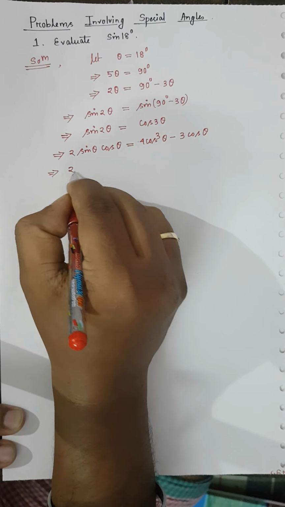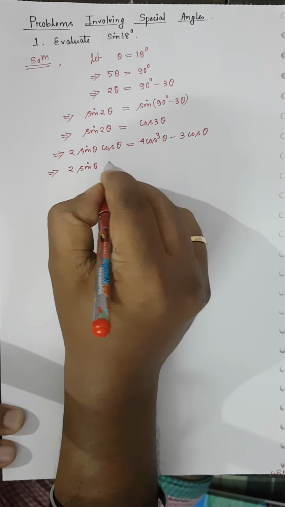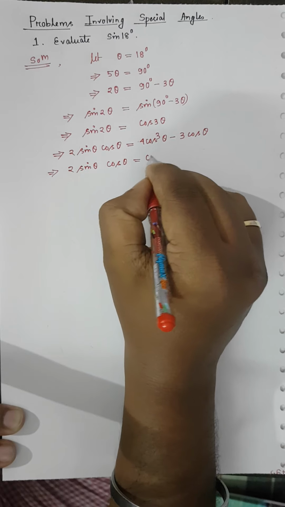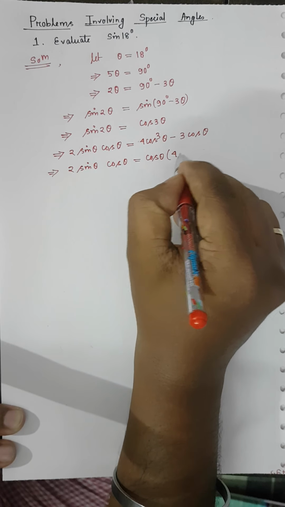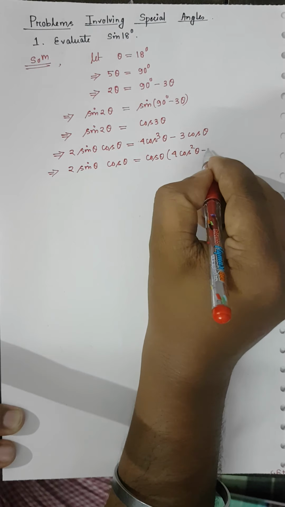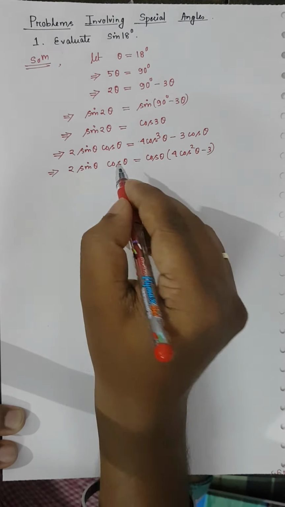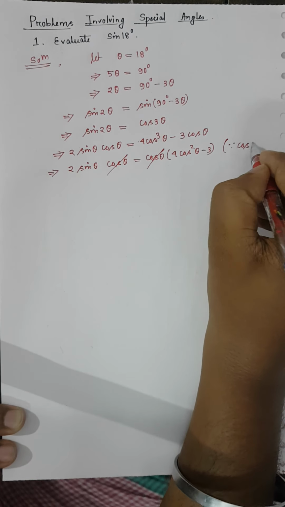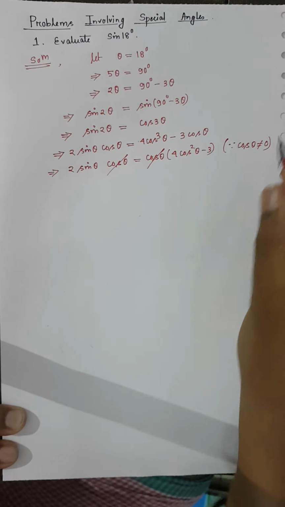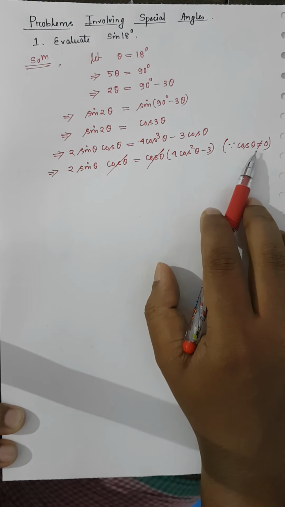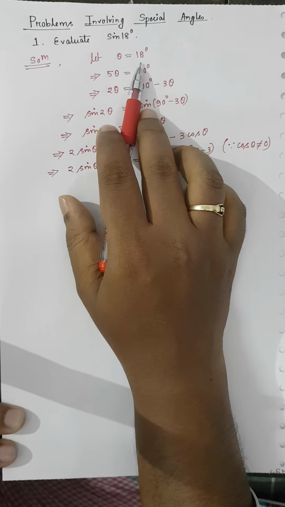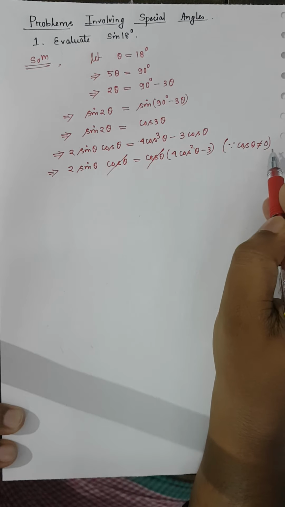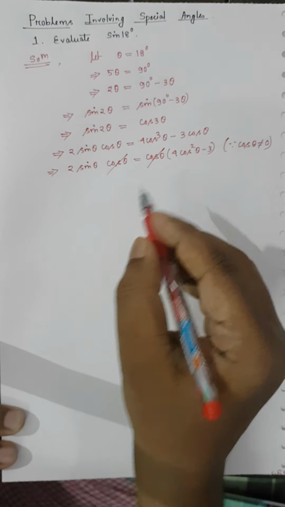So if I take cos theta common on the right side, I will have cos theta into 4 cos square theta minus 3. If I cancel cos theta on both sides, I need cos theta is not equal to 0. Clearly, the value of cos theta is not equal to 0, as theta is an acute angle. Cos 90 is equal to 0, theta is equal to 18 degrees. So the value of cos theta can never be equal to 0. So you can cancel cos theta on both sides.